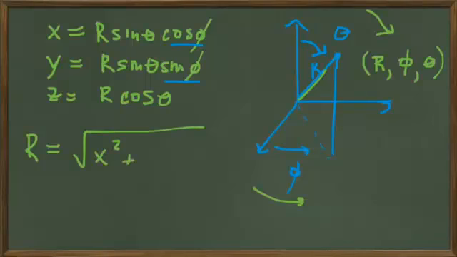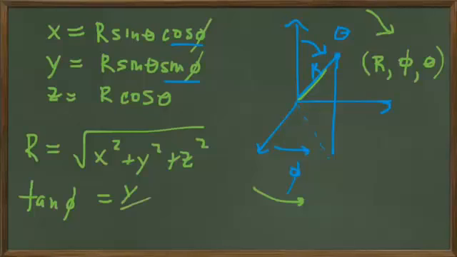R equals the square root of x squared plus y squared plus z squared, which you could show using some trigonometry, and the tangent of phi is y over x. That's pretty easy to see from these two here, because the sine thetas cancel out, right?